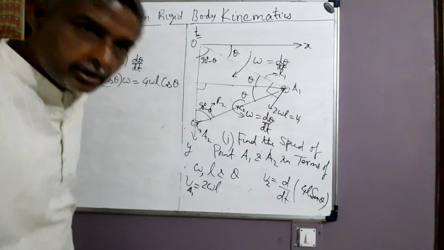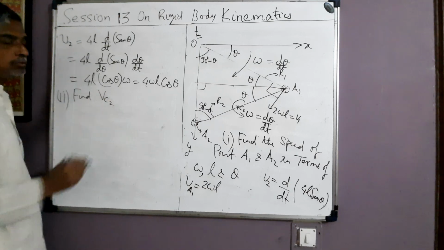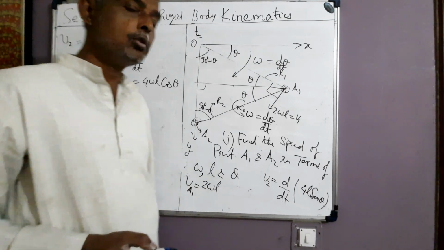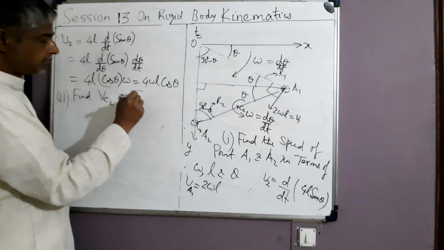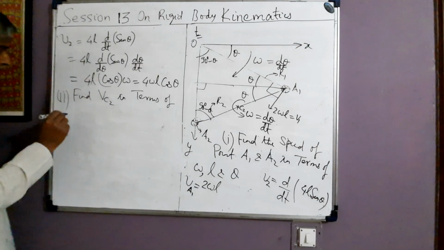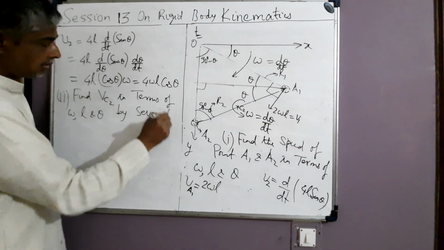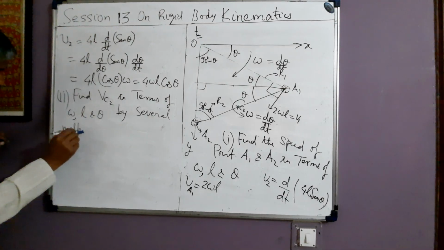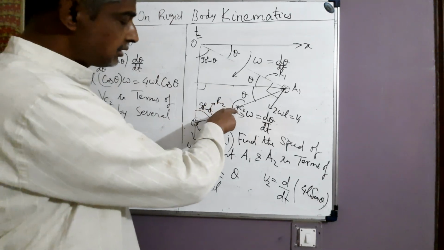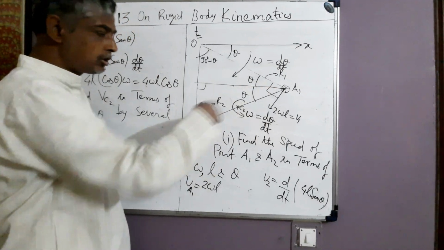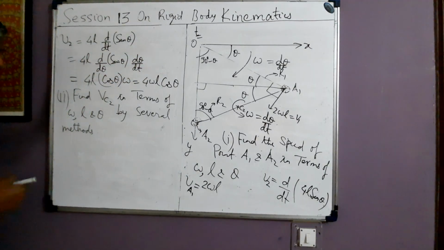Now the second question is: find VC2, the speed of center C2 of rod R2 with respect to ground, in terms of omega, L and theta, by several different methods. So I'll write down several methods.